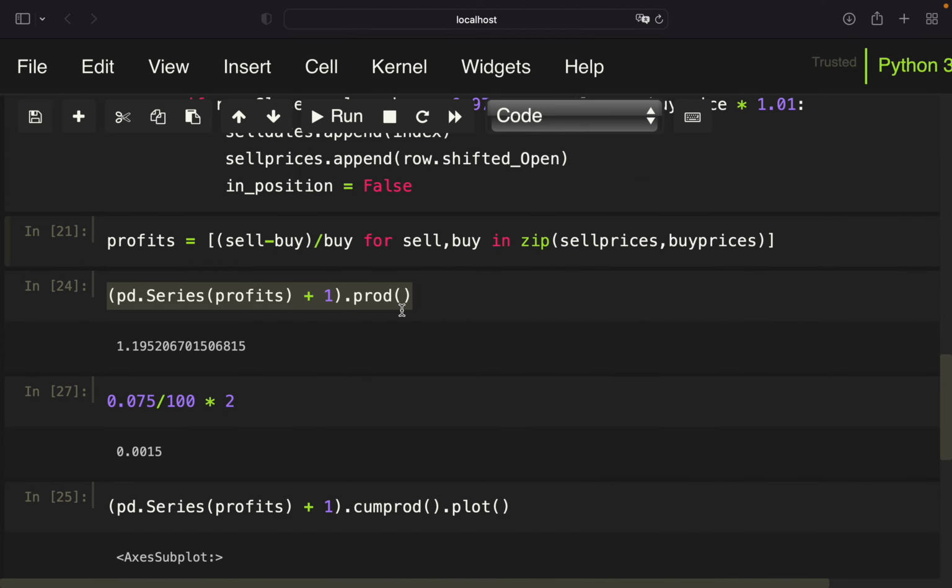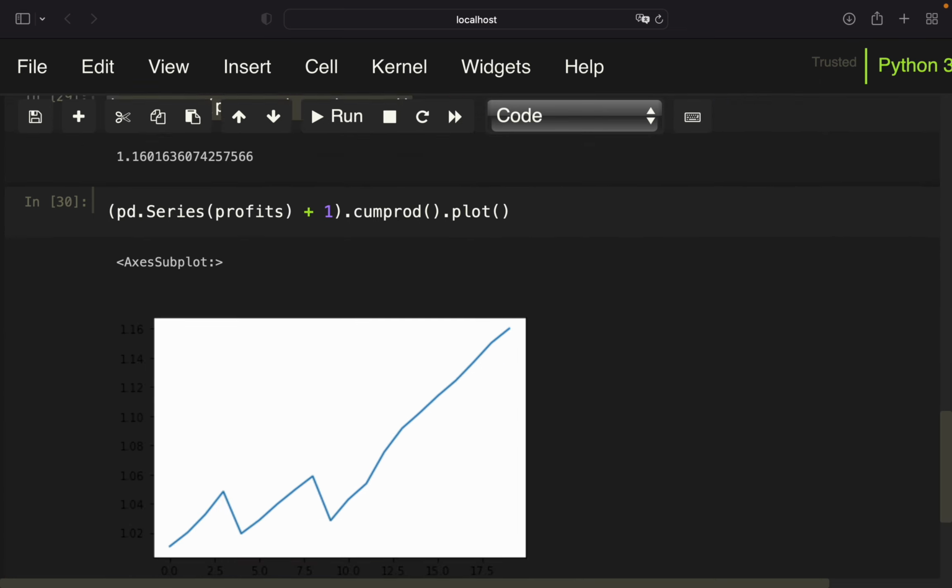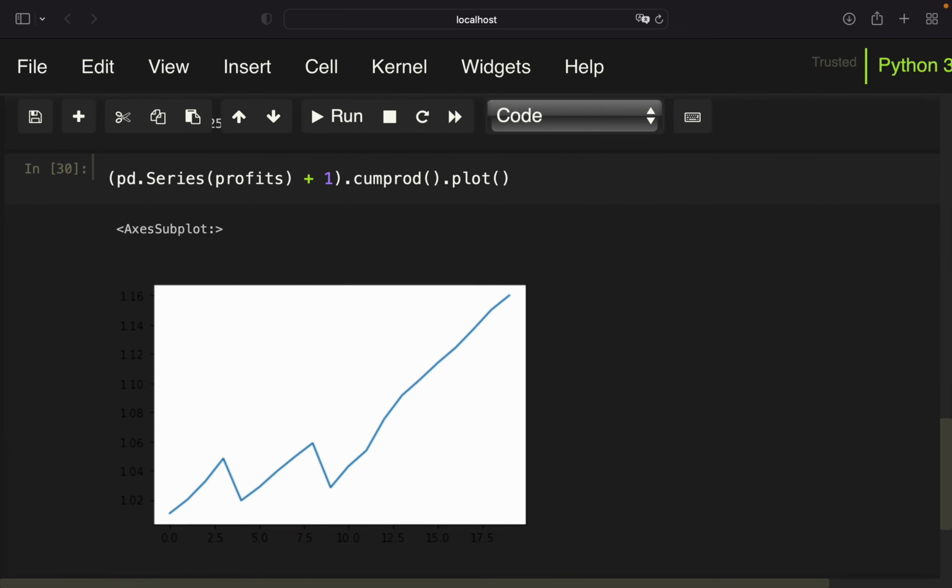So we can do that in the list comprehension here. So just subtract minus 0.0015 and have included fees. So you see 16% now, but still quite remarkable, right?